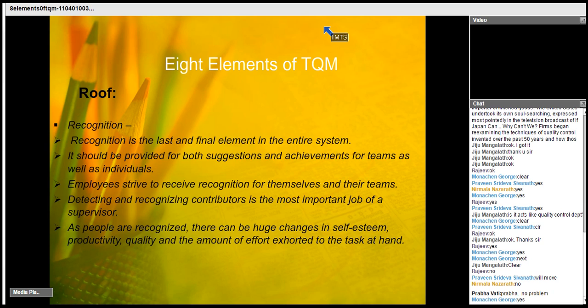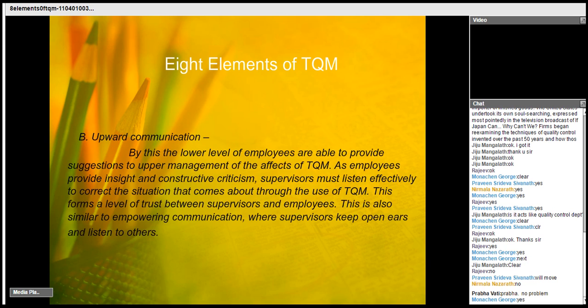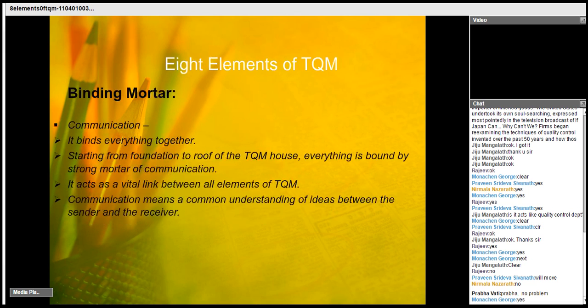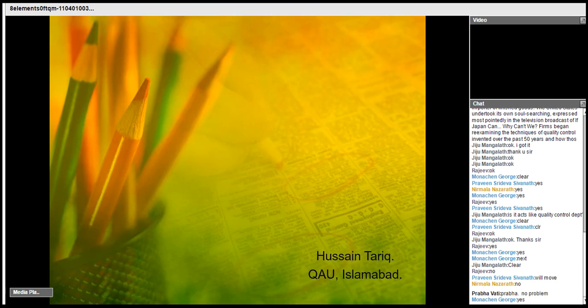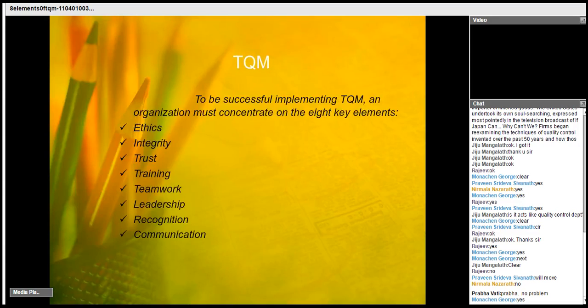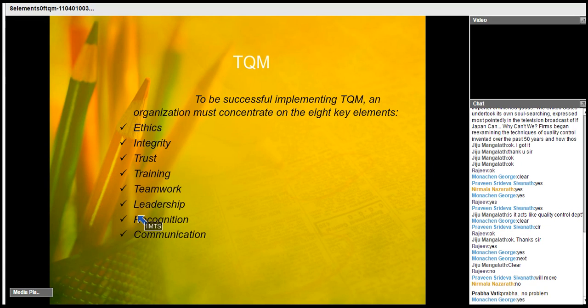Roof means if everything is right in place, if you have trust, if you have integrity, then it's easy to build the roof, that means you are recognized. If you are providing the quality, if you are fulfilling all of this. Just a second, let me go back to the first slide again. Recognition is the seventh part.